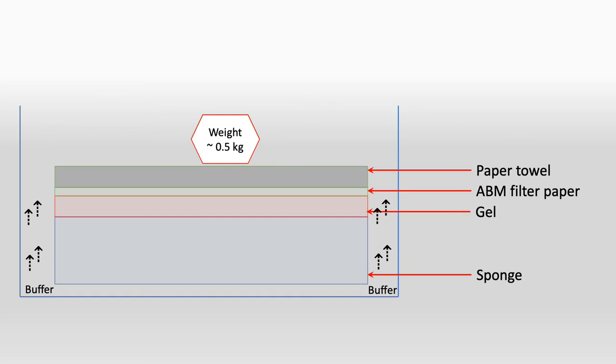As the water moves, it moves first through the sponge, reaches the gel, and passes through the agarose gel, creating a force on all those RNA fragments that are present there. So they will be pushed, and the RNA fragments are released from the agarose gel and migrate towards this filter paper.